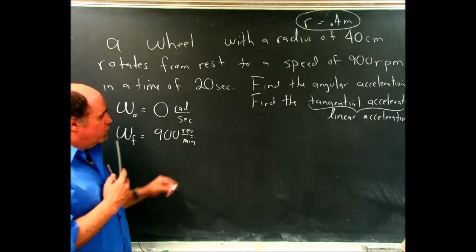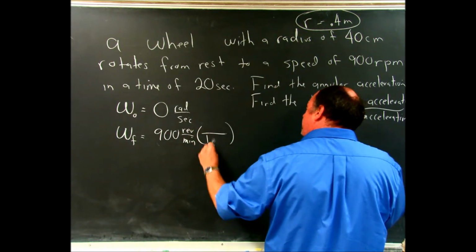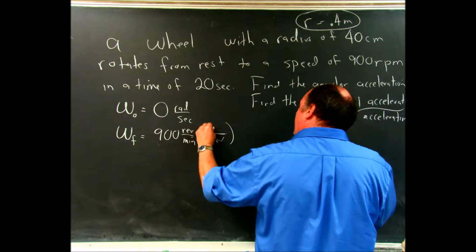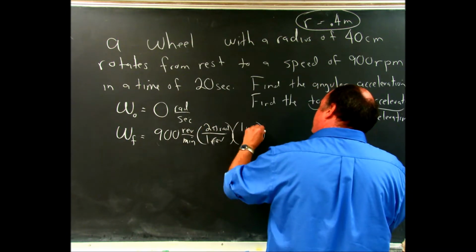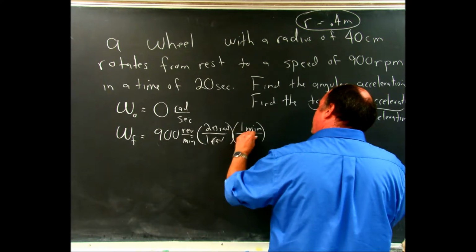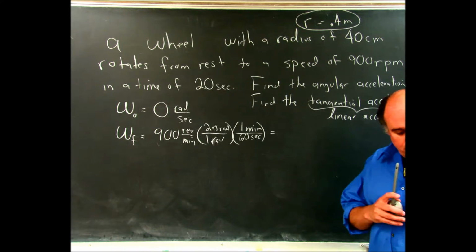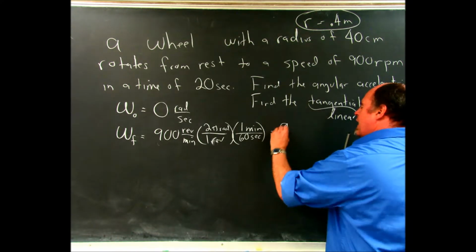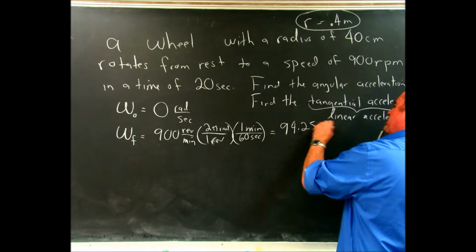So we're going to have to convert that. In 1 revolution, we have 2 pi radians. And in 1 minute, we have 60 seconds. So if you do that on your calculator, it's 94.25.